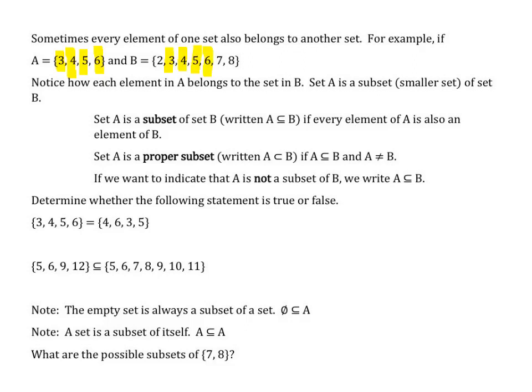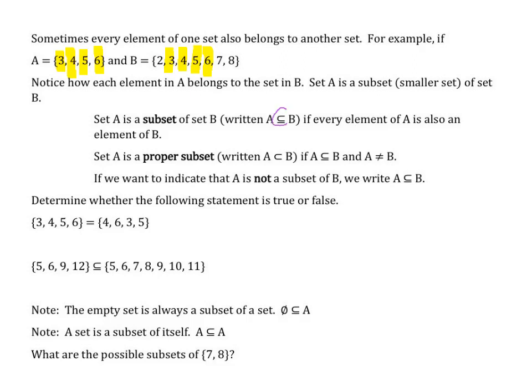Notice that each one belongs to the set B. This means that set A is a subset or a smaller set of set B. So set A is a subset of set B, written A ⊆ B.